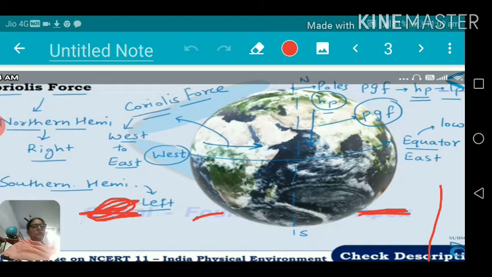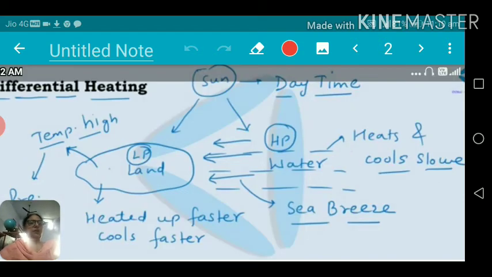It is formed at the upper level of the equator, in the northern hemisphere, about 20 to 25 degrees north. Then in the southern hemisphere it turns to the left, because there is some type of pressure on the earth. We know that the sun is overhead in the daytime, and at night the sun sets.